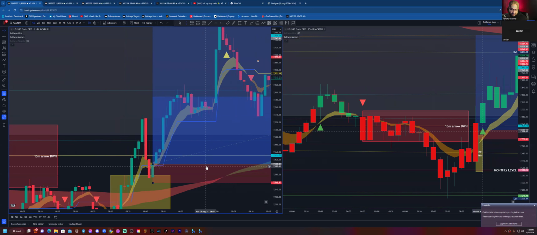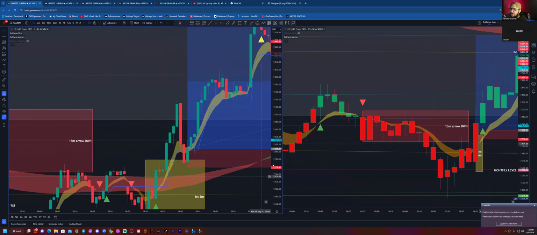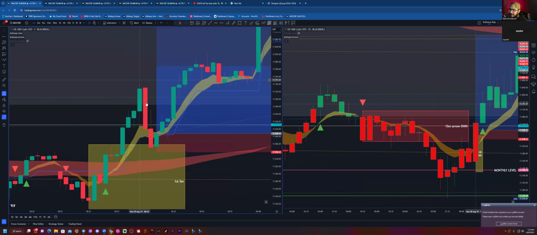All right, on this trade, we see price come back into the 5-minute range, and then we take this first green candle up. Now, this is brand new for me, and I'm just practicing it. If we're just trading our arrows, we have no entry because of the red arrow and the red cloud.